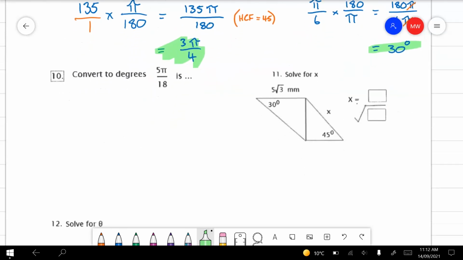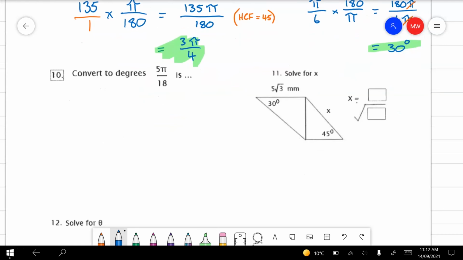Question 10, radians to degrees again. 5 pi on 18 this time. Multiply it by 180 over pi. If you can't remember which way to go, 180 over pi or pi over 180, the way that I remember it is when I'm trying to move to degrees here, I would like to get rid of the pi symbol.